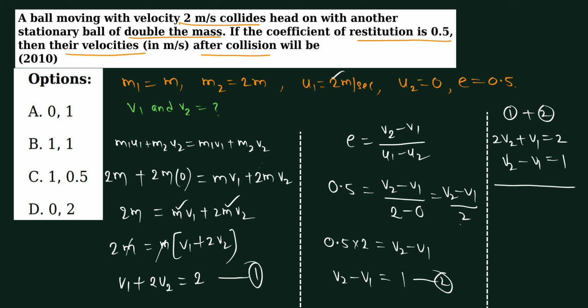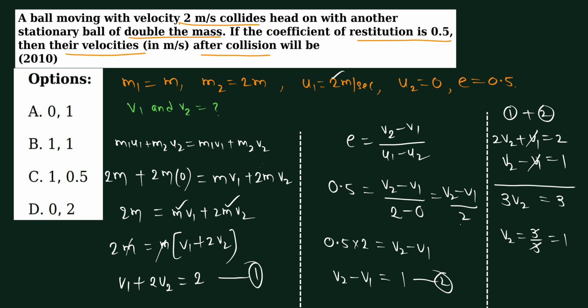Just add them. Plus v1 and minus v1 get cancelled. 2v2 plus v2 is 3v2, and 2 plus 1 is 3. Then v2 equals 3 by 3, which is 1. So the v2 value we got is 1.